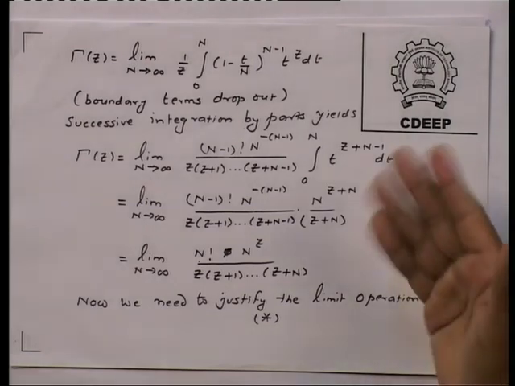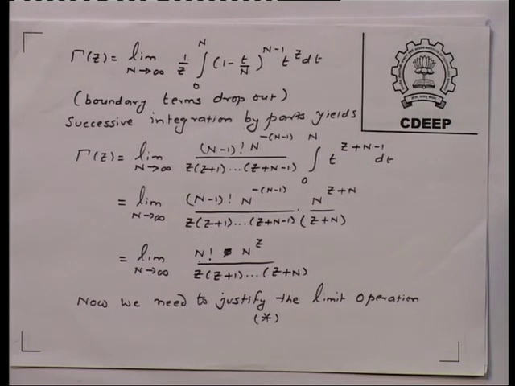So, you get this wonderful thing: n minus 1 factorial times n to the power minus n minus 1 upon z into z plus 1 into z plus 2 into etc. z plus n minus 1, times the integral from 0 to n of t to the power z plus n minus 1. Because you see the other factor is a polynomial, right? 1 minus t by n to the power n minus 1 is a polynomial. So, after n minus 1 integrations by parts, the polynomial will just become a constant.